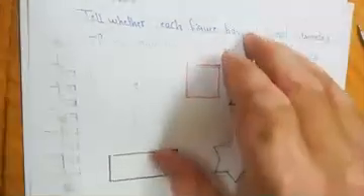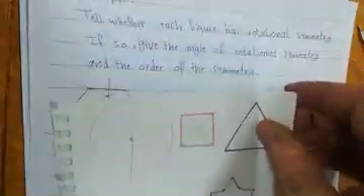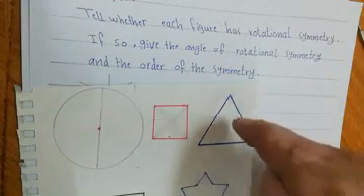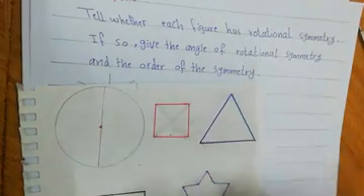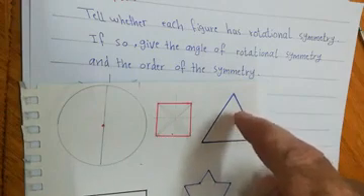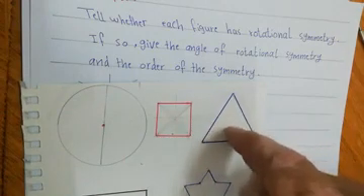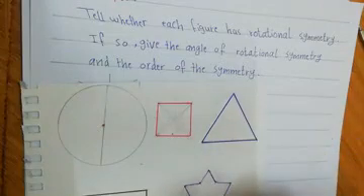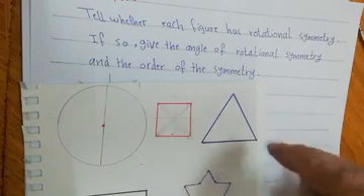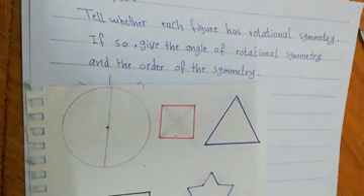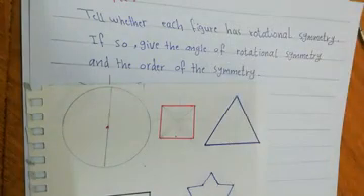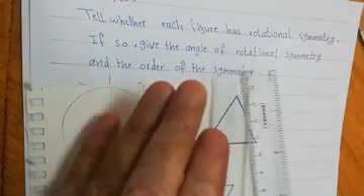Now, about the equilateral triangle, the equiangular triangle. Is there a rotational symmetry or not? Let us check. Okay, I will draw the medians.